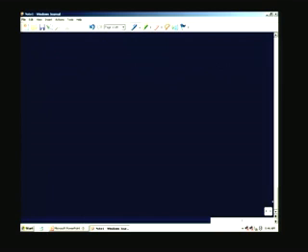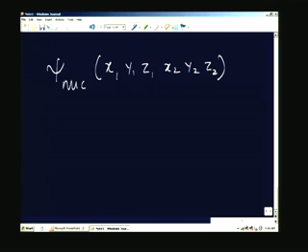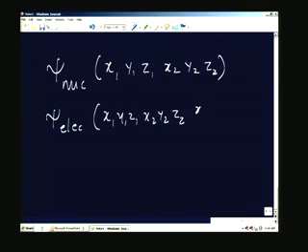Therefore, let us denote all the nuclear coordinates. For the hydrogen molecule ion, the psi nuclear is a function only of the nuclear coordinates, namely x1 y1 z1 x2 y2 z2, and is independent of the electronic coordinates, the third particle, whereas the psi electronic is a function of all of these: x1 y1 z1 x2 y2 z2 and xe ye ze.